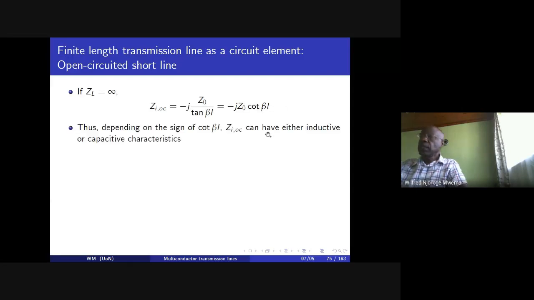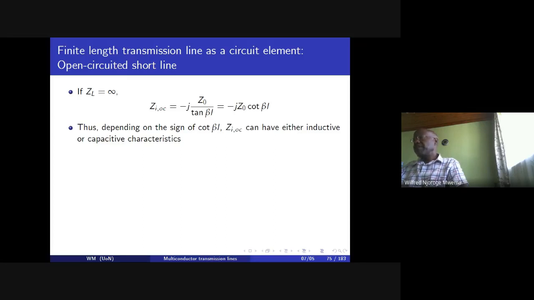And thus, depending on the sign that the cotangent of beta L has, because we know that the cotangent of beta L will be positive or negative depending on the argument beta L, where beta L is called the electrical length of that line section, and it will be measured in radians or in degrees, we can write that Zi open circuit can have either an inductive or a capacitive characteristic.